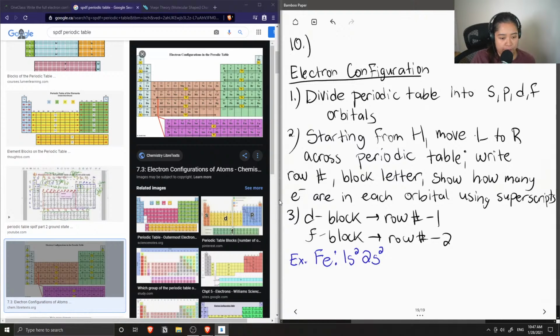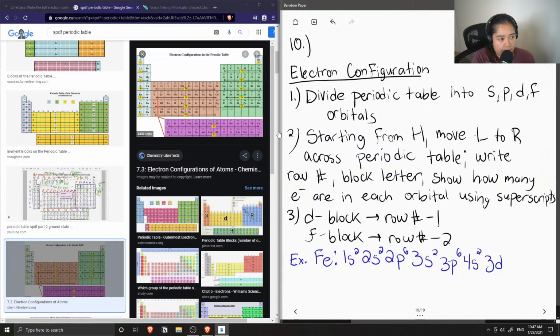Then moving over to the p block, we're still in row 2, and we write 2p, and a p orbital is able to have 6 electrons. And now moving over to row 3, 3s2, and then 3p6, and then we can move on to the next row, which is 4s2, and then iron is in 3d, and then we count how many electrons up to the iron.